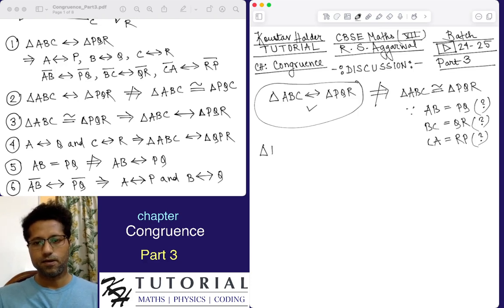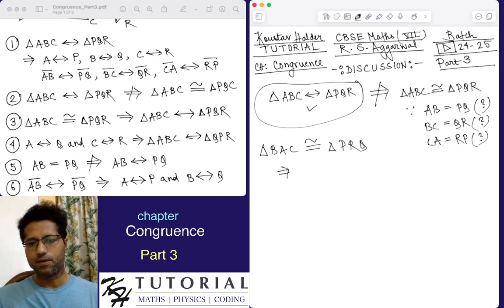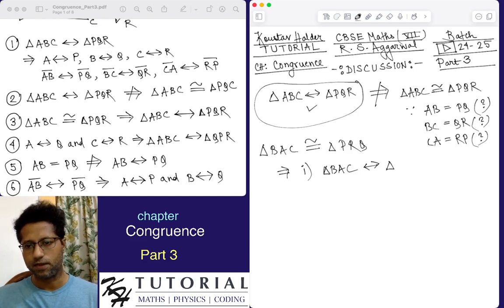Let's say it is given that triangle BAC is congruent to triangle PRQ. This definitely implies the following things. First, the mapping is implied. That is a correspondence: triangle BAC is having a correspondence with triangle PRQ.